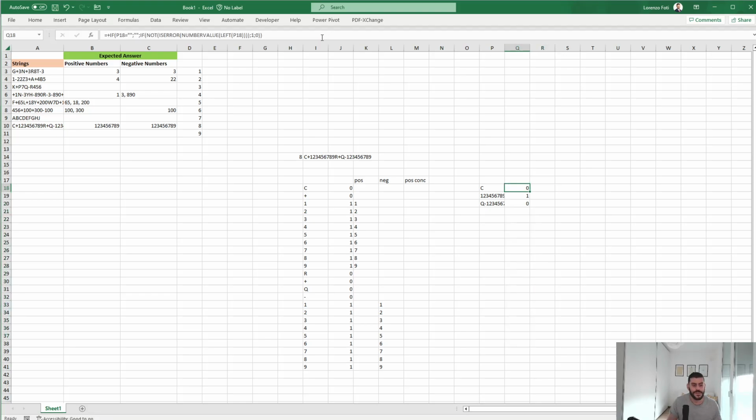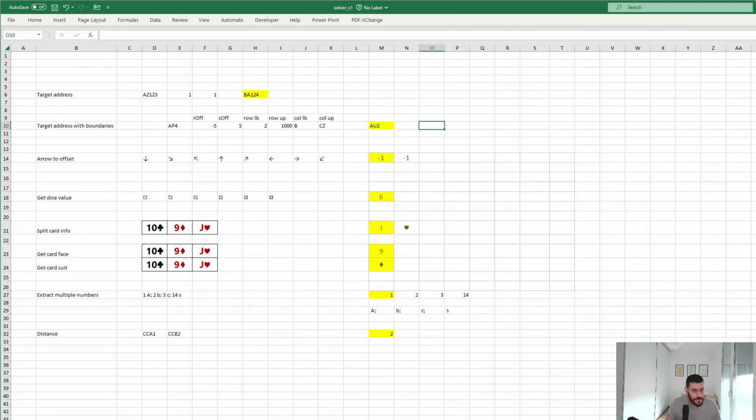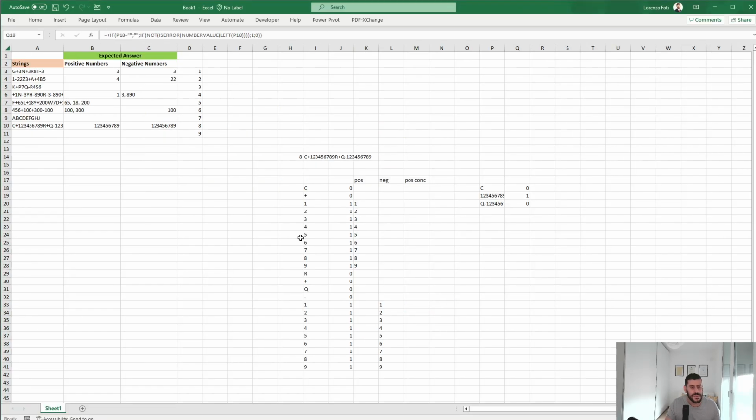Okay, and then I would like to leverage my lambda, which is extract numbers multiple, which is basically this. I don't have the definition because I didn't import anything from the other worksheet.